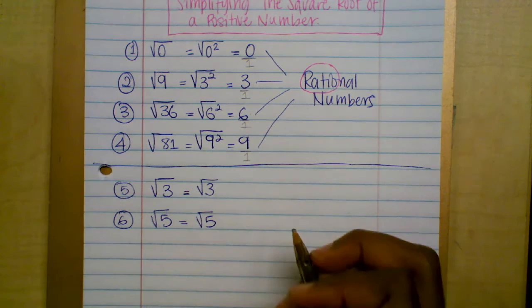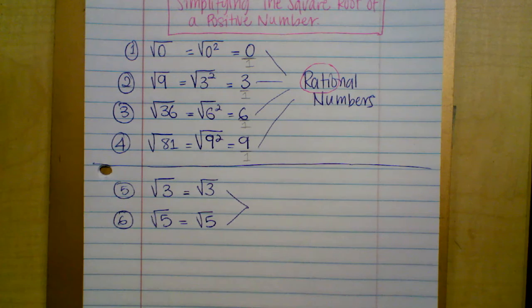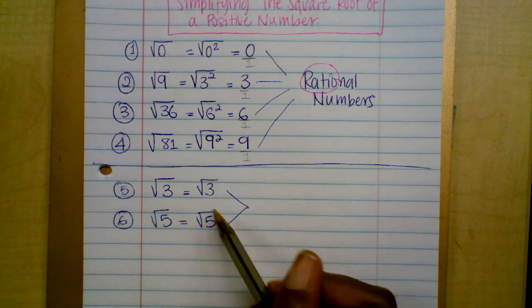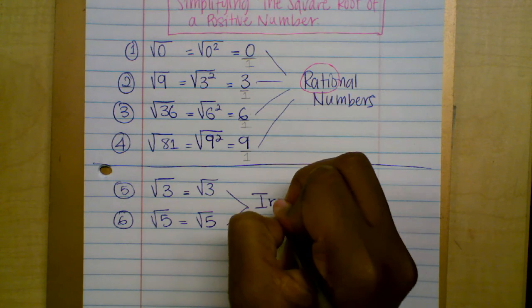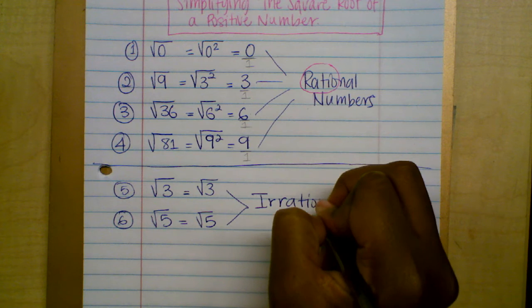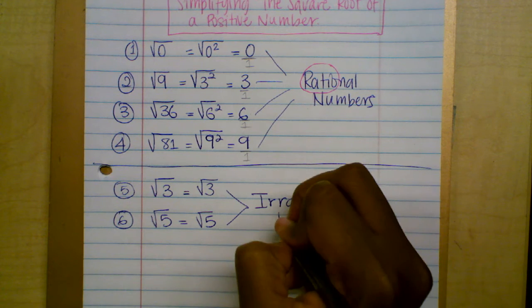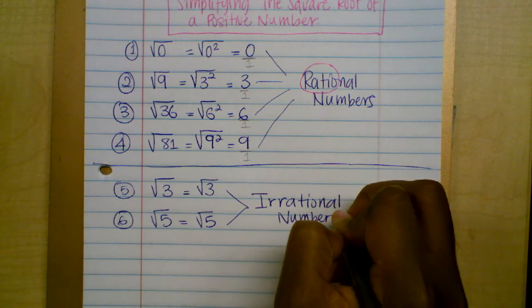So now how do we call this kind of number? This number cannot be written as a ratio, and the name for it is irrational numbers.